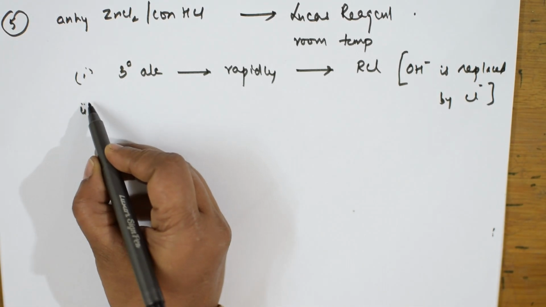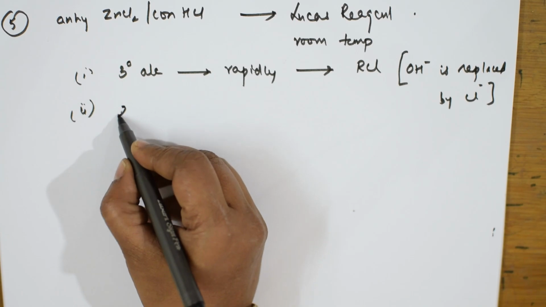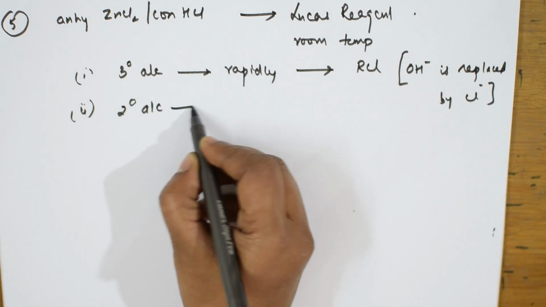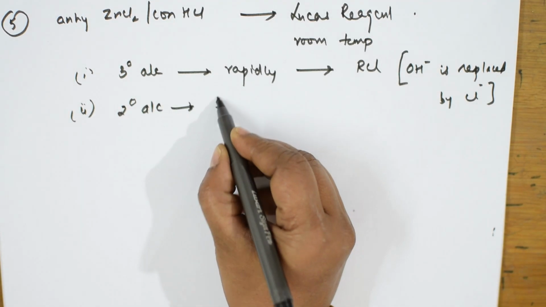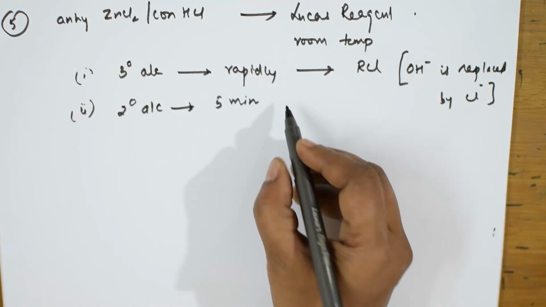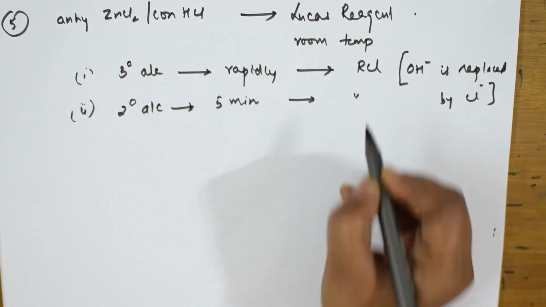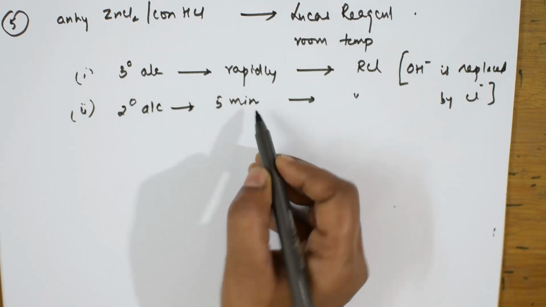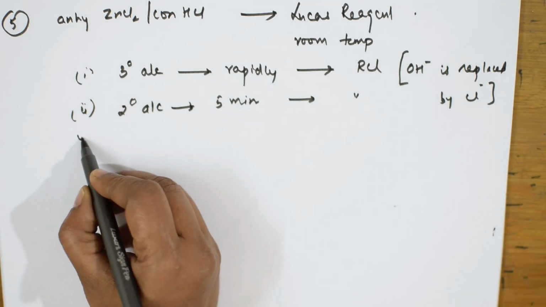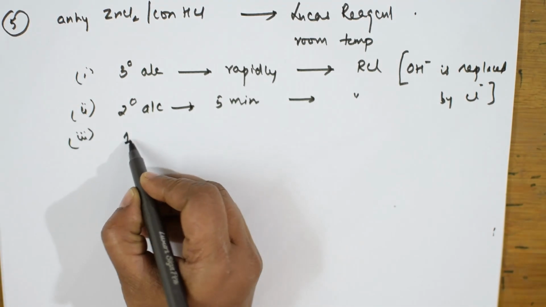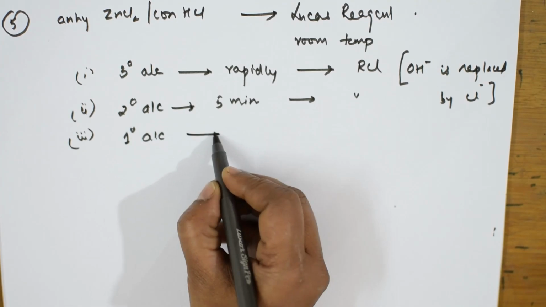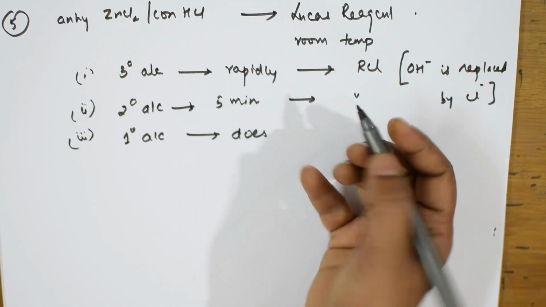What will happen to secondary alcohols? When I add Lucas reagent, it will take almost 5 minutes for secondary alcohols to react. Done. Then it forms this product. After 5 minutes, it's going to form the alkyl halide. But primary alcohols do not react at room temperature.